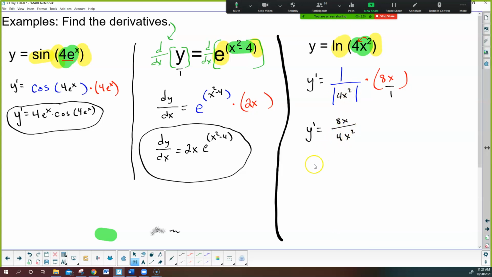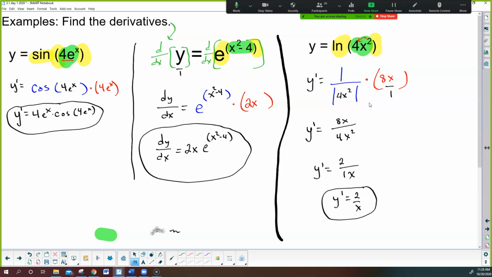I can then reduce this, and 8 divided by 4 is 2 over 1. X on top and x squared on bottom will leave me with just an x on bottom. So your derivative is really just 2 divided by x.